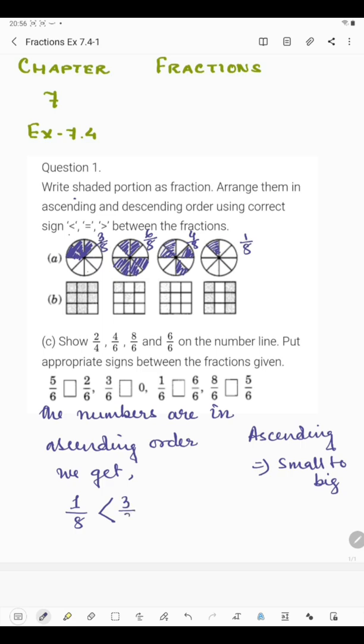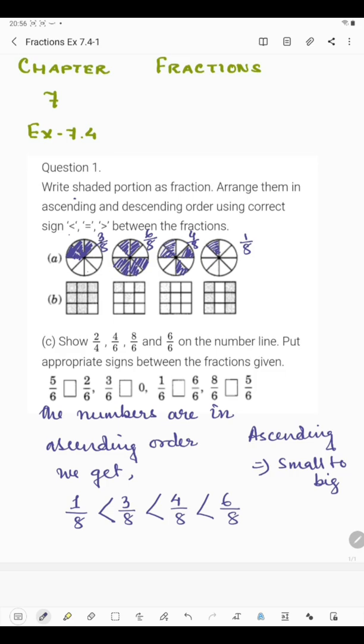So 3 by 8. Now 3 by 8 is smaller than 4 by 8, and 4 by 8 is smaller than 6 by 8. This way we arrange the fractions from smaller to bigger. So at first 1 will come, then 3, then 4, and lastly we will write 6 by 8.